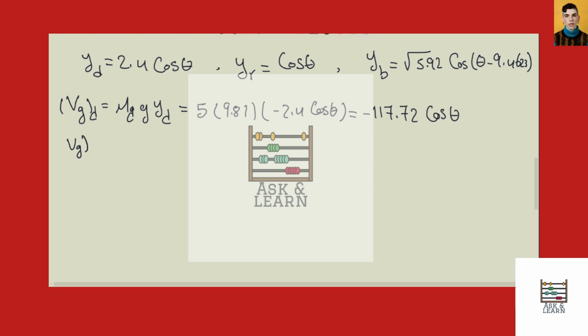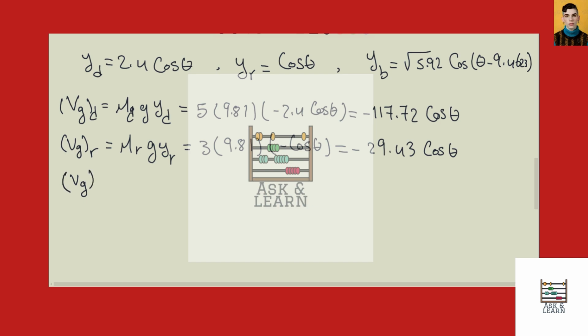And VGR equals MR G multiplied by YR. So we have 3 times 9.81 multiplied by negative cosine theta, equals negative 29.43 cosine theta.